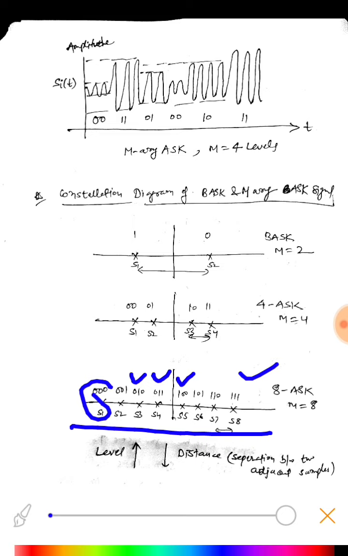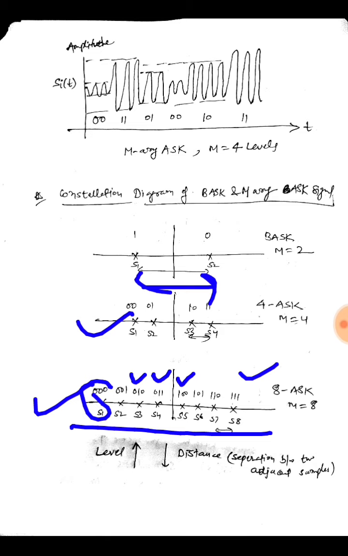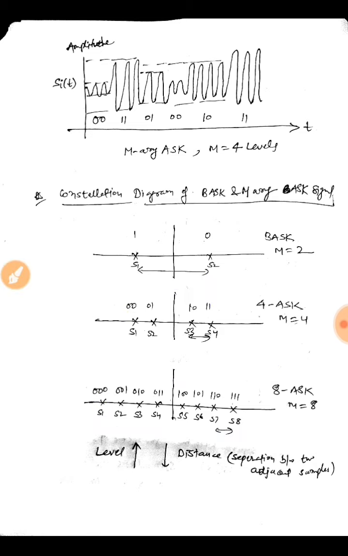As you can see, as the number of levels is increasing, in this scheme we have 2, then 4 and then 8, the distance between two consecutive symbols is decreasing.